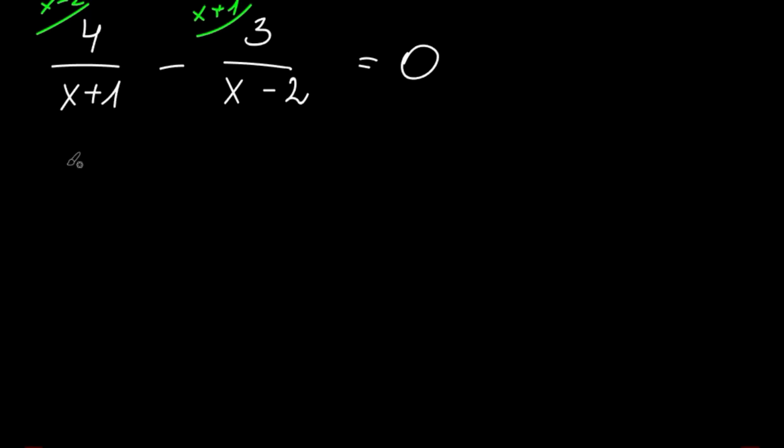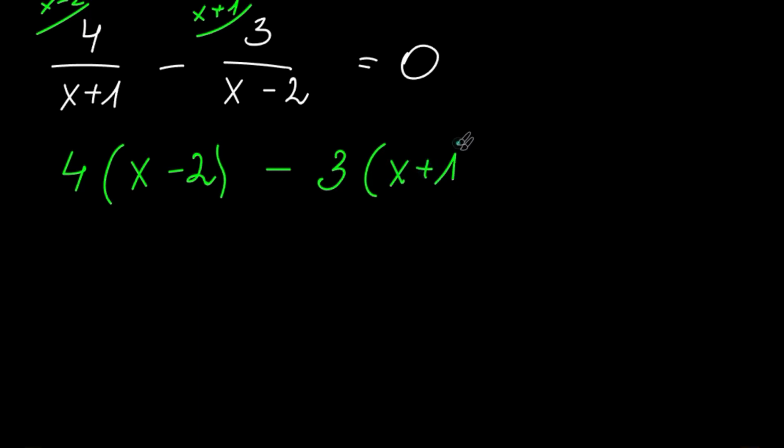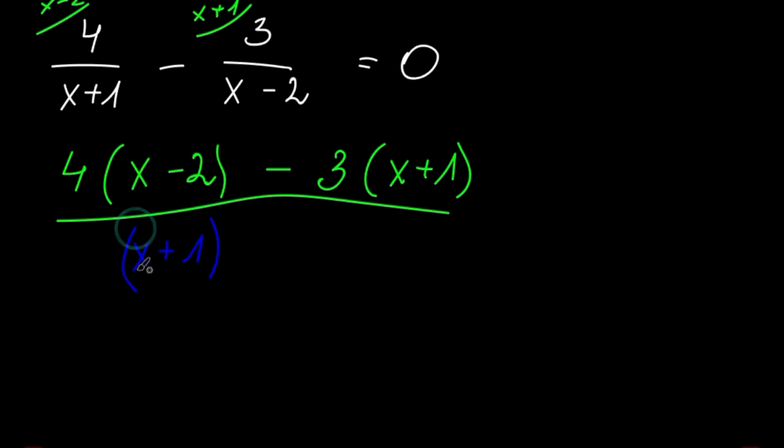Now what do we get? We get that 4 times x minus 2 minus 3 times x plus 1 is divided by the product of these two denominators, x plus 1 times x minus 2, and this is equal to 0.